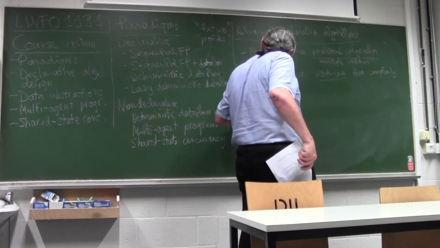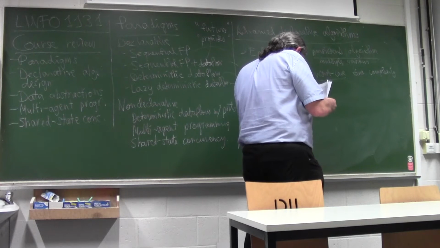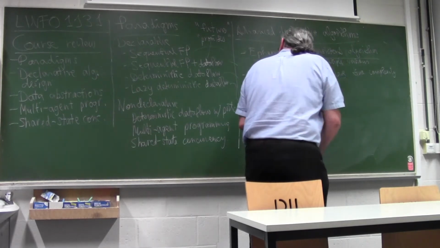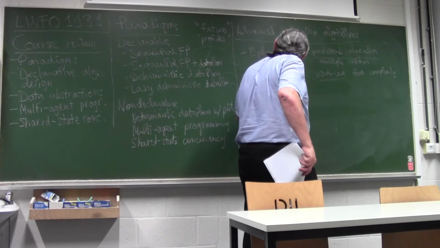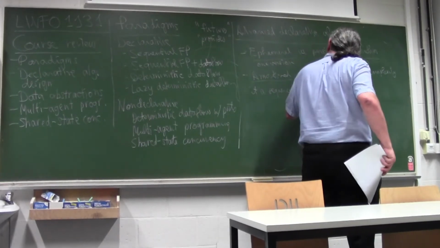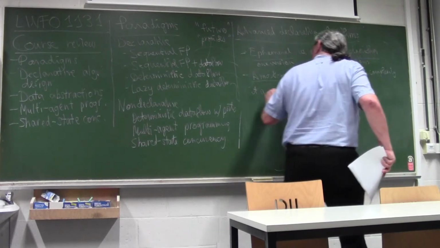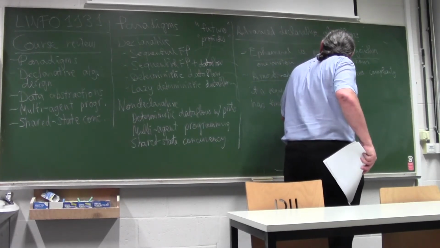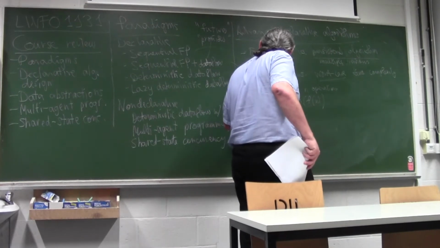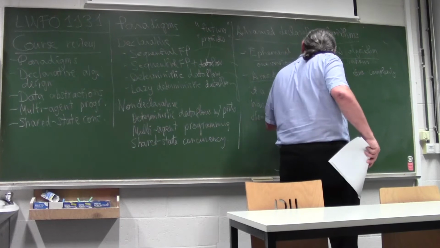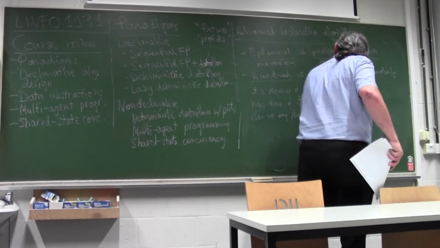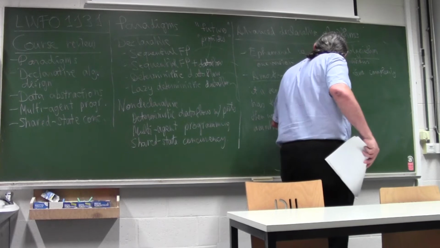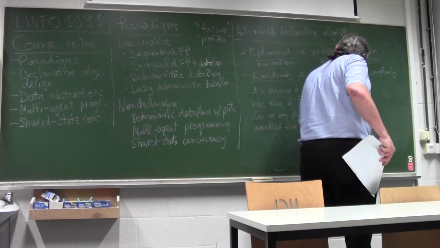So let me make a more formal definition of this. If a sequence of n operations has a total time of F(n), some function of n, then we say that one operation has an amortized time of O(F(n)/n).